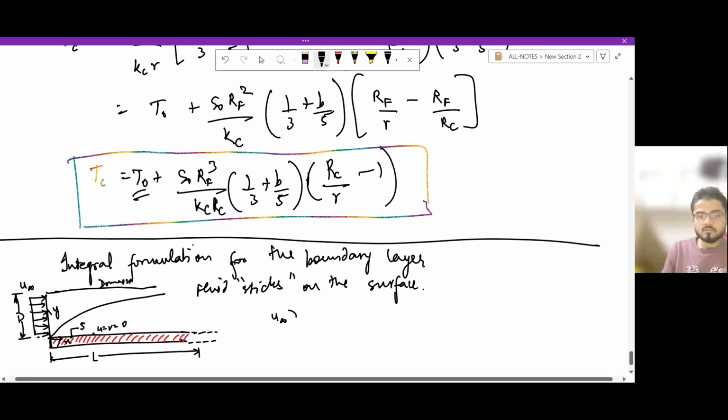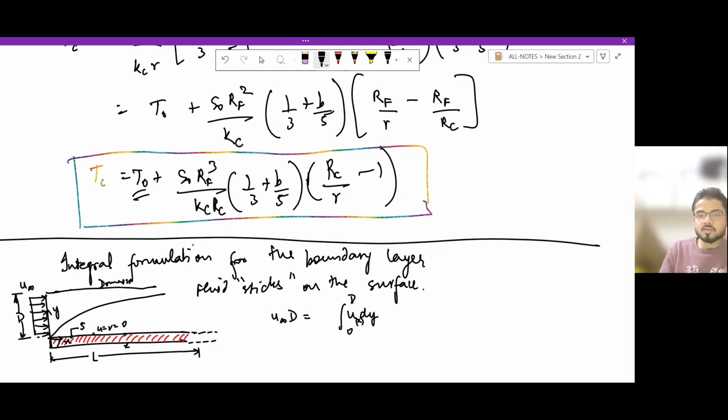So you'd always have u infinity d equal to the integral of u dy from 0 to d. Here u is the velocity at x, where x is some coordinate like this.